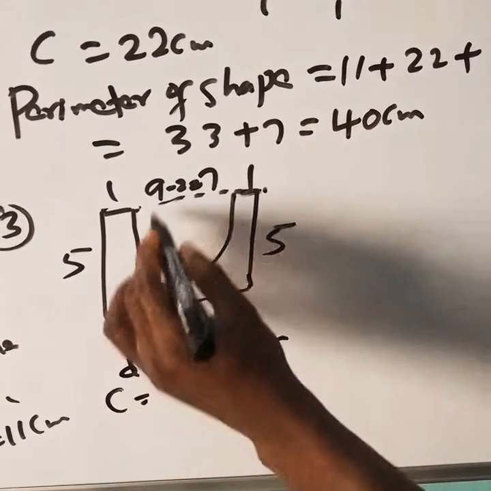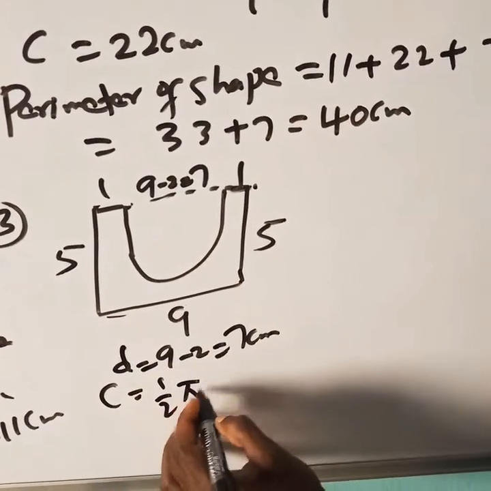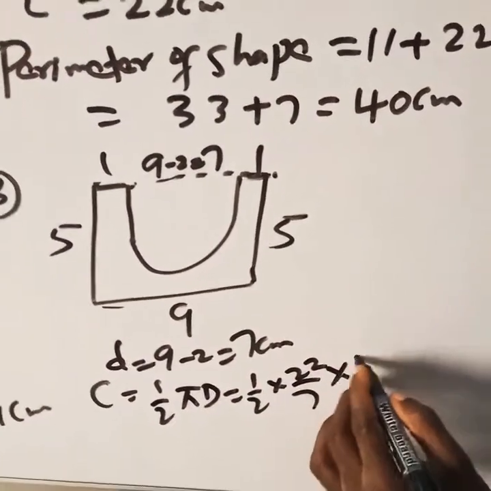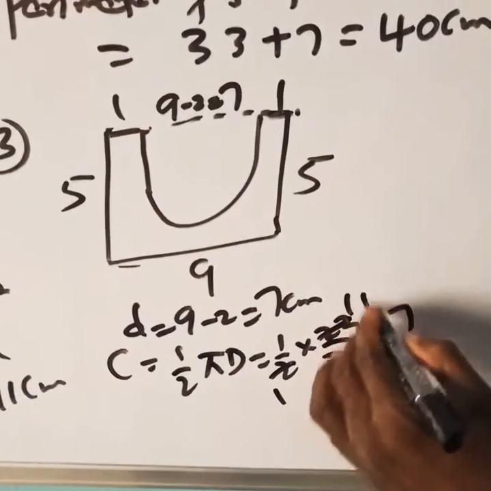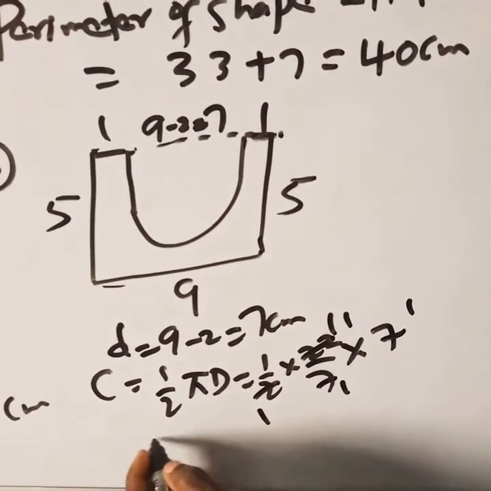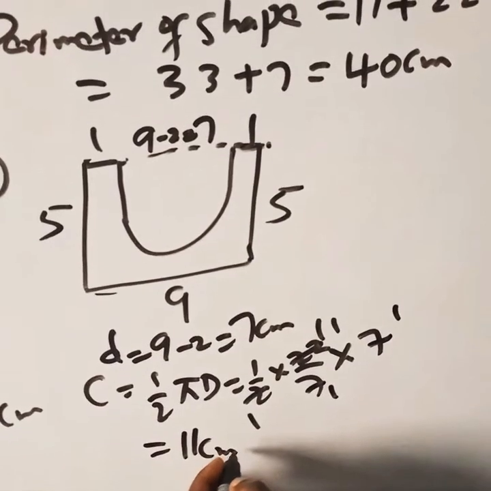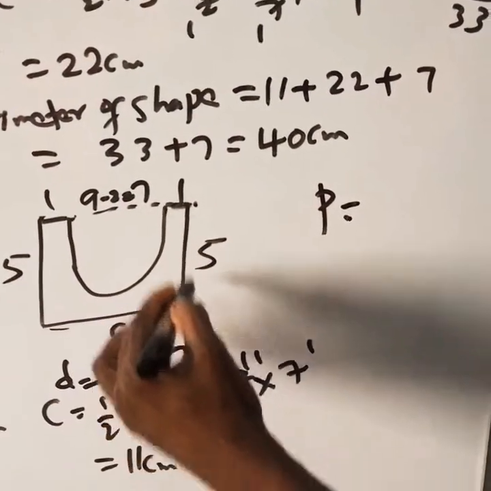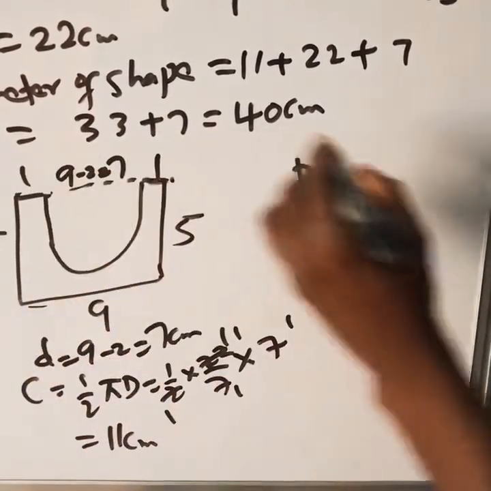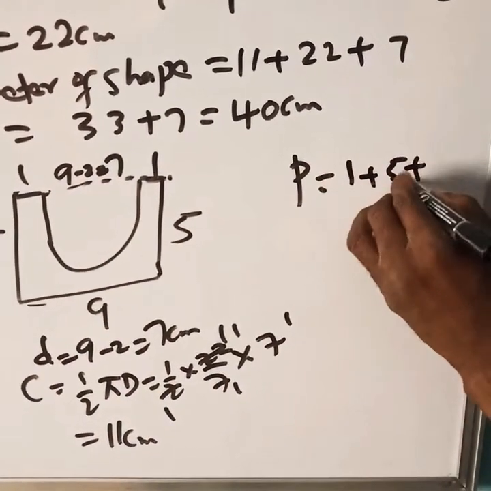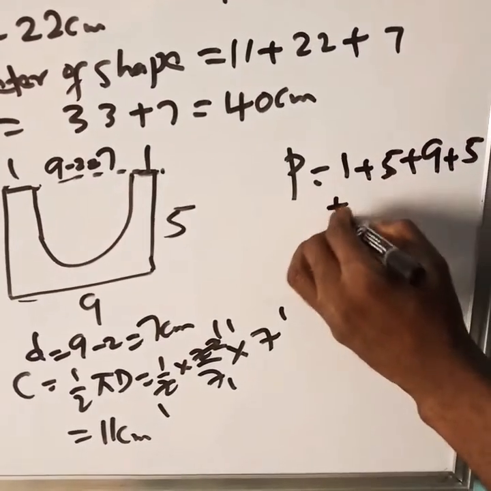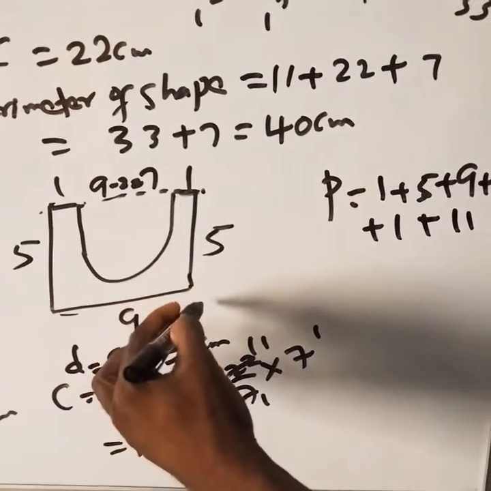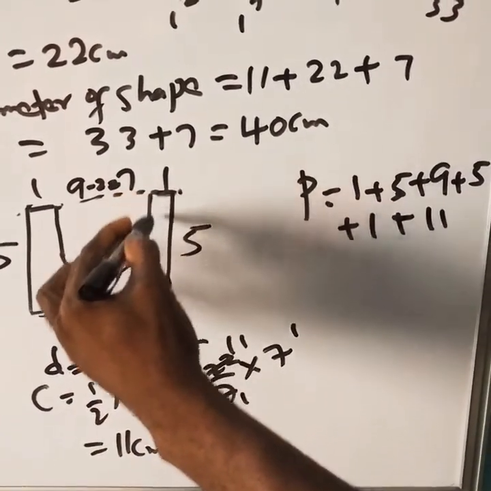So the circumference of this semicircle is half pi d, that is half times 22/7, and the diameter is 7. So we have 11 centimeters. So the perimeter will now be 1, 5, 9, 5, 1, and this is 11.